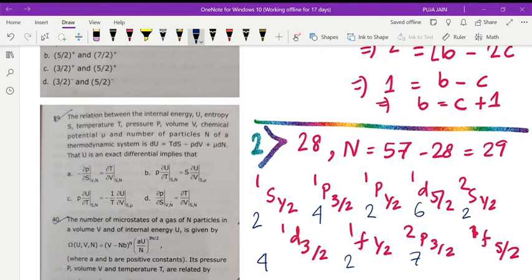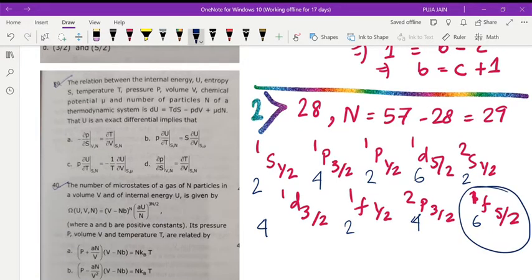Sorry, here we will get 4 and here 6. So we want 29. So here we have made a little mistake. This is 7 by 2. Okay. So the maximum number of electrons will be 8. So we calculate again: 2 plus 4, 6 plus 2, 8, 8 plus 6, 14, 16, 20, 28, and the 29th will be in this shell, not in this one.